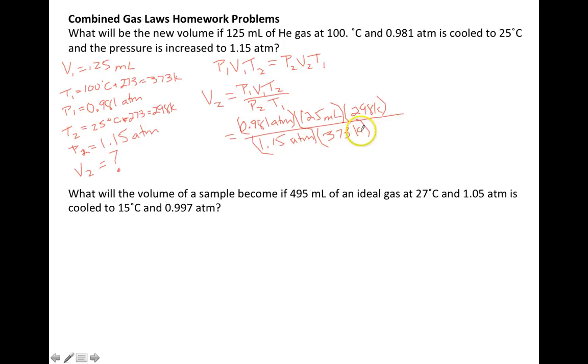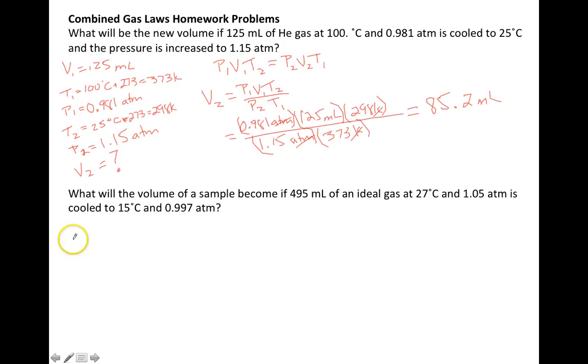And when we're using combined gas laws, just make sure Kelvin cancels Kelvin, ATM cancels ATM. Our ending unit's going to be in milliliters. We're not asked for any specific volume unit, so milliliters is fine. When I do the math and I multiply and divide, I'm going to end up with 85.2 milliliters. Okay, and so that problem is done.